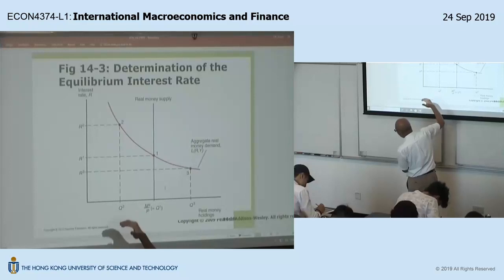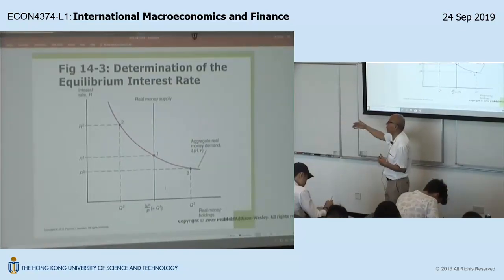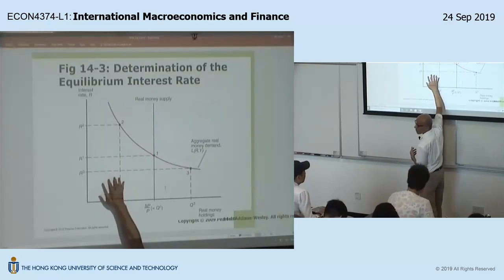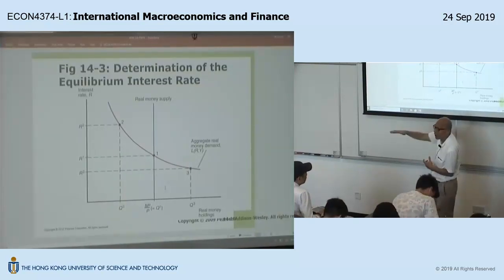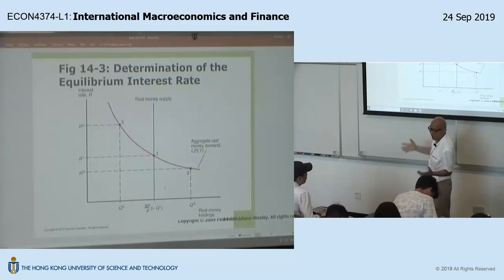Only when the supply of bonds equals the demand for bonds will the interest rate be in equilibrium. And this equilibrium interest rate in the bond market is exactly the equilibrium interest rate in the money market.